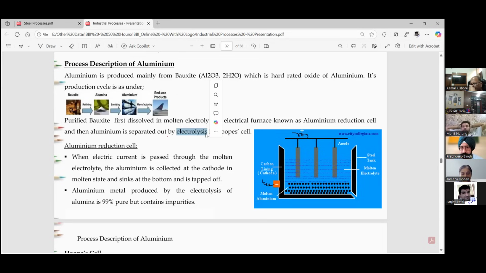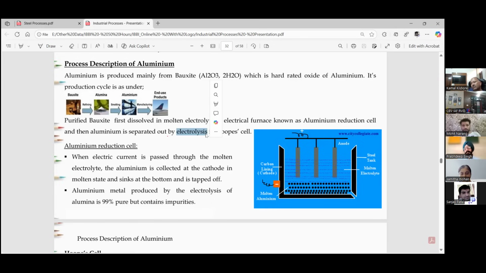Yes, okay, yes. Whenever the electric current passes through the solution, it breaks down into two parts, positive ion and negative ion. Okay, so the positive ion will be attracted toward the negative rod, that is the cathode, and the negative ion will be attracted toward the positive terminal, which is the anode.